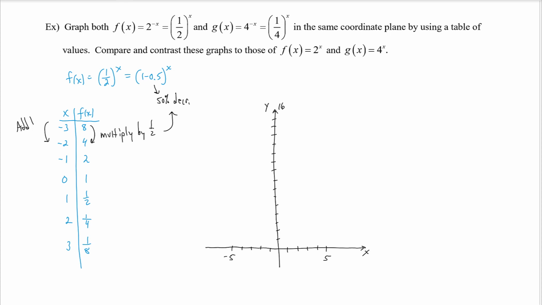So 1, 2, 3, 4, 5, 6, 7, 8, -3, -2, -1, 0, 1, 1/2. So it's going to look like this. So it's the same shape, but flipped over the y-axis, which we can see right here.